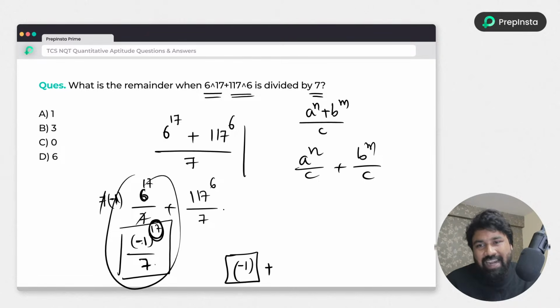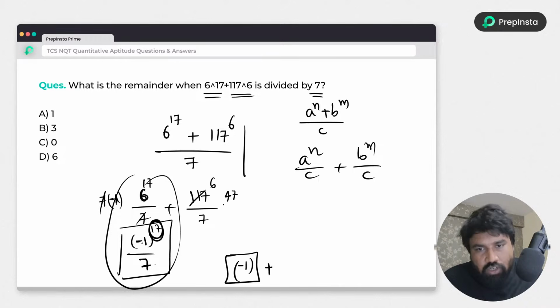Plus, right hand side. 117 can be written as how? How can you write 117? For example, I can cancel up to 70. If 70 got cancelled, what is the remainder? 47.